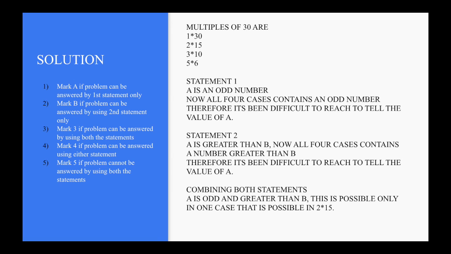So it would be easy for me to find out that the value of A would be 15. So by using both statements 1 and 2, I can get my value of A, A equal to 15. So this gives me option C as a result, that I have to use both statements to get to my answer. Hope you have understood this question.